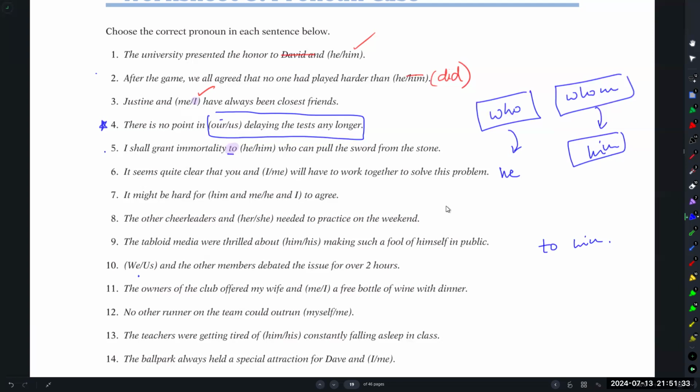ठीक है आर डिलेइंग द टेस्ट हमने किया ना इन अस डिलेइंग द टेस्ट, because in delaying the test, in is talking about delaying the test, to is talking about to he who can pull the sword. To him की बजाय it should be he, बड़ा awkward है.